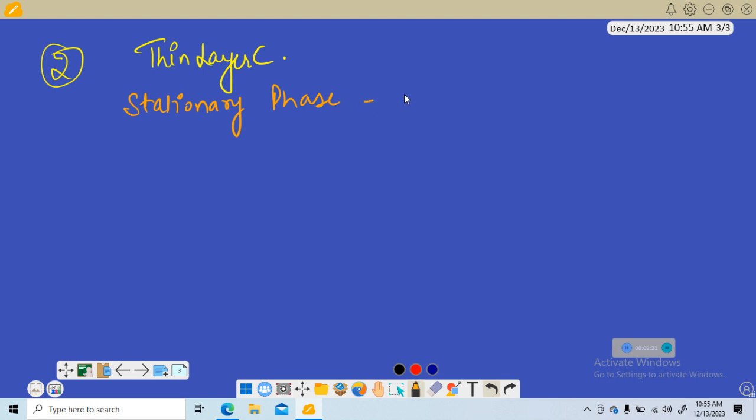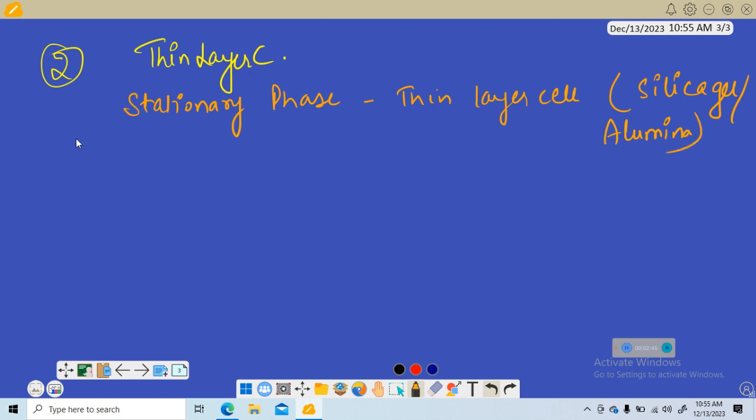The stationary phase is a thin layer of cells, which is basically silica gel or alumina. Then we have the mobile phase, that is solvent.